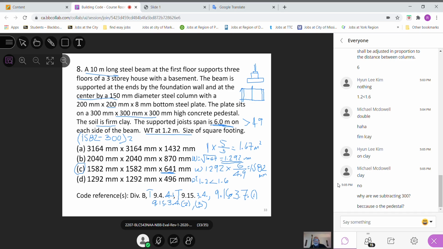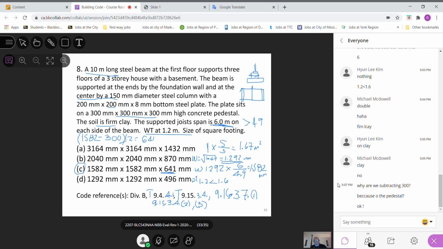This is 300, so we have to find the overhang. We divide by 2, and that comes out to 641 millimeters. Right?